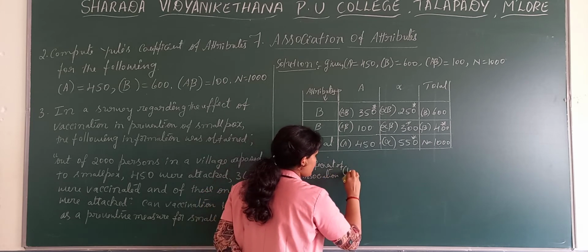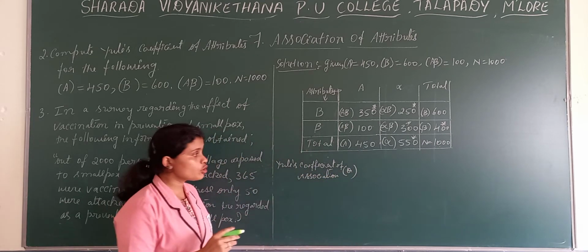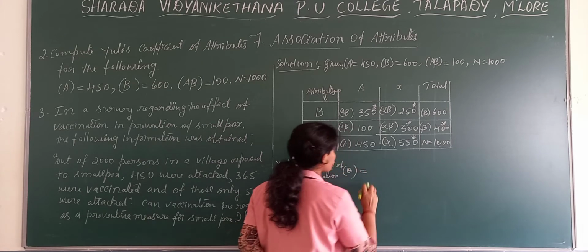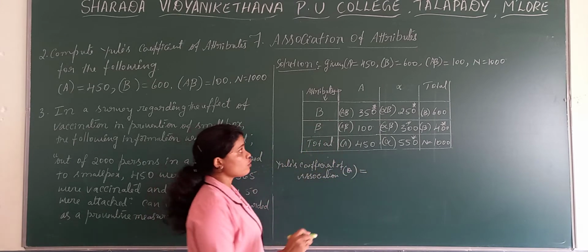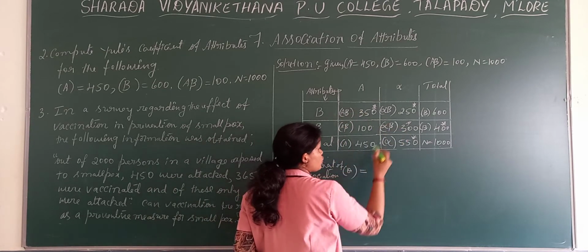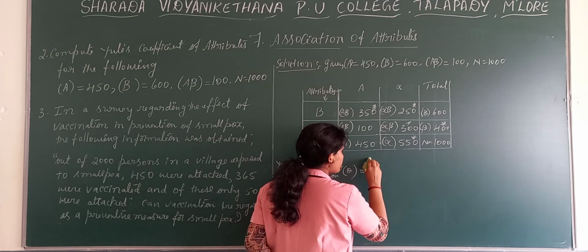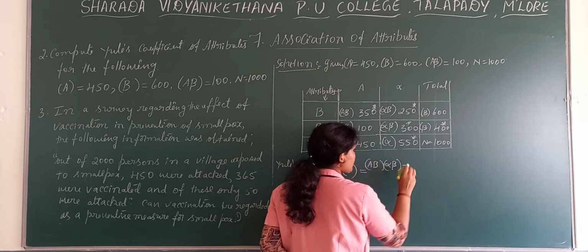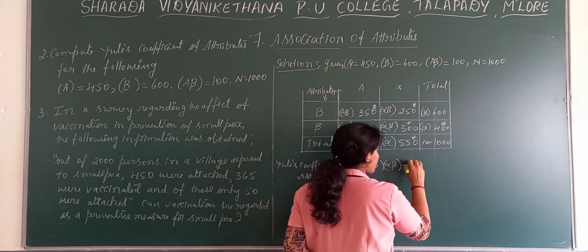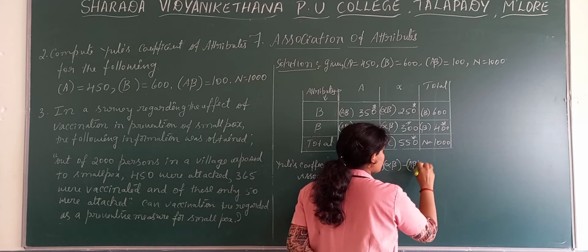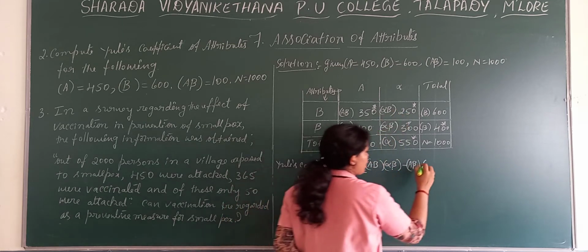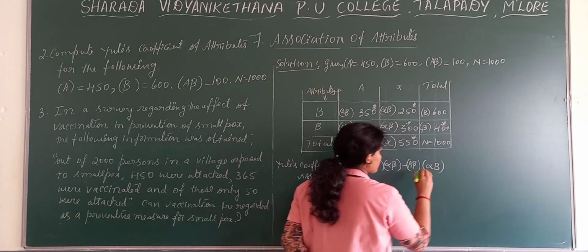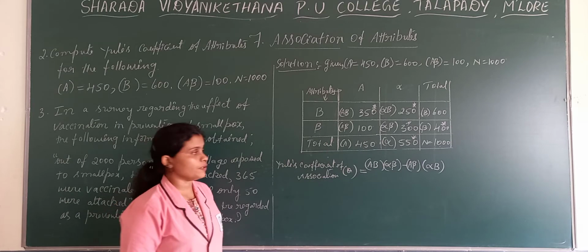It denoted by capital letter Q is equal to, write the formula. As I said, how to write the formula? AB into alpha beta minus A beta into alpha b.